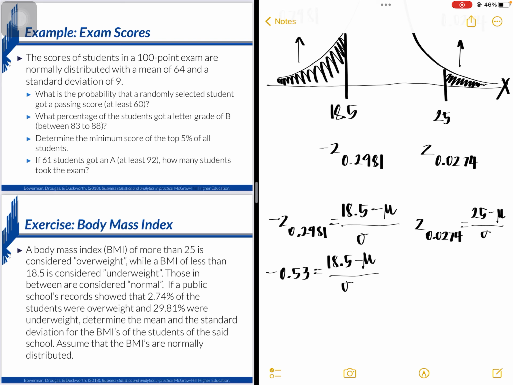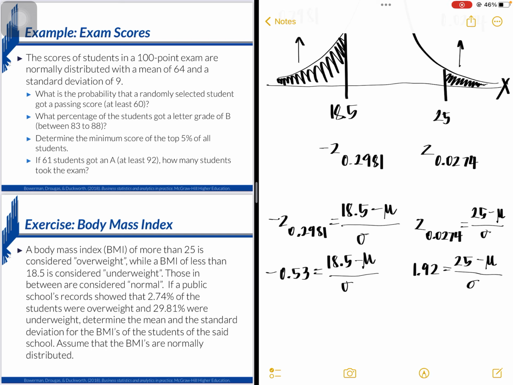So a z-score of negative 1.92 has an area of 2.74% to its left. So the z-score with the same probability to its right must be positive 1.92. So that's 1.92 equal to 25 minus the mean over the standard dev.